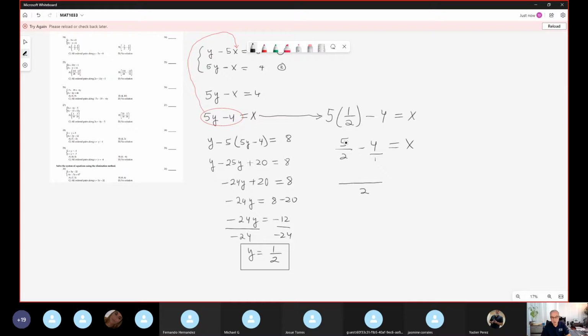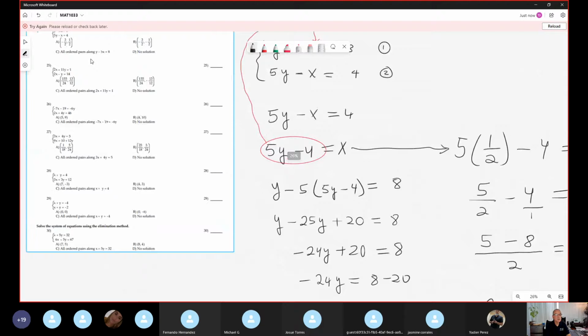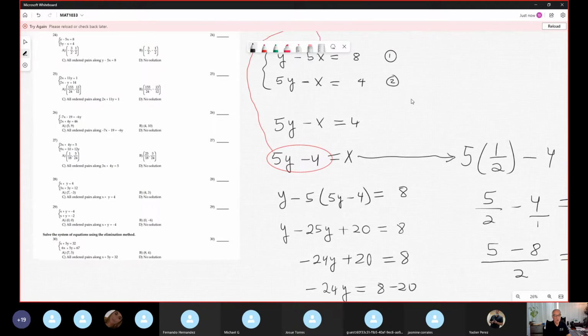The 5 stays because it's identical, but the 4 becomes 8: 2 divided by 1 is 2, 2 times 4 is 8. And the answer is minus 3 over 2, which is the x value. So the solution is minus 3/2, comma, positive 1/2. Let me check it out. It is option A, obviously.